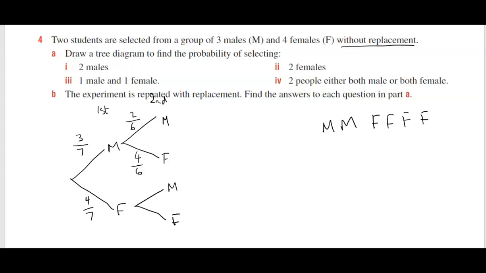All right, now for the next one. That was if we chose a male first, but what if we chose a female first? I'm going to put that male back into the group of students. This time we chose a female, so there she goes, she's now at the front of the class. We're left with 6 students again, so it's out of 6. How many males are there? There's 3. And how many females?